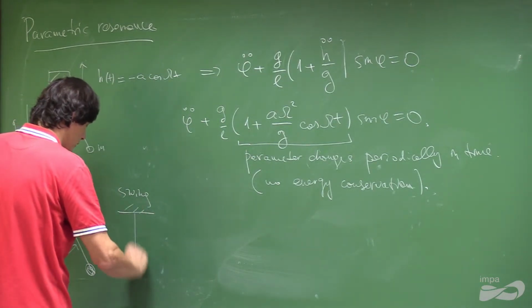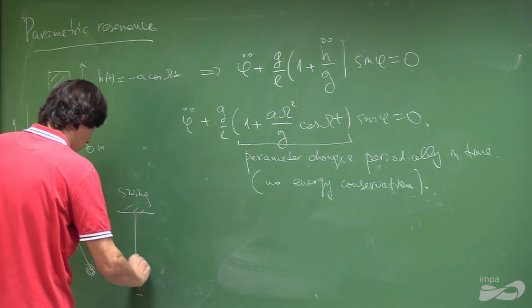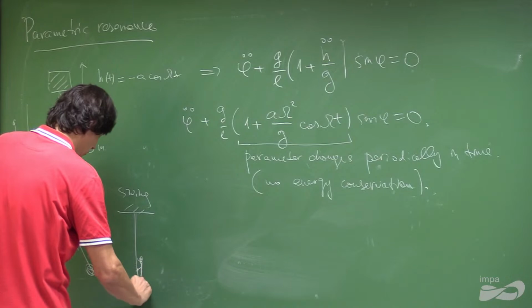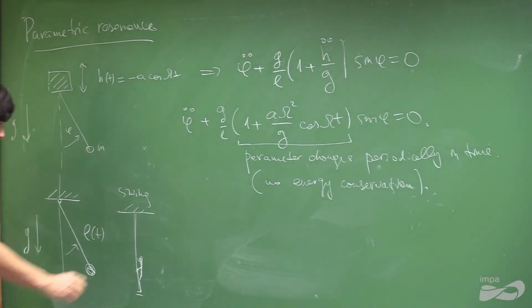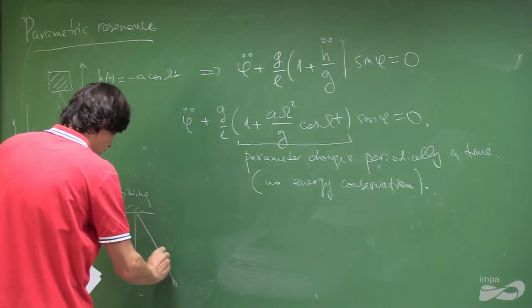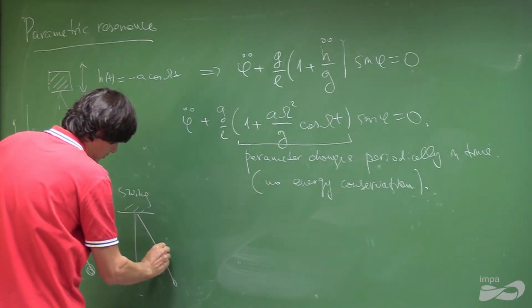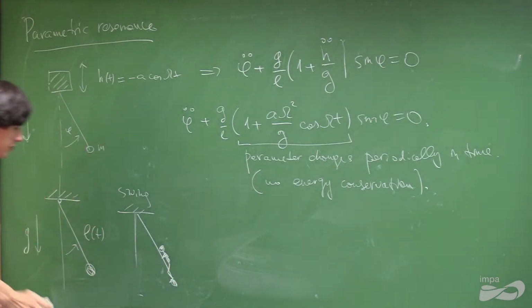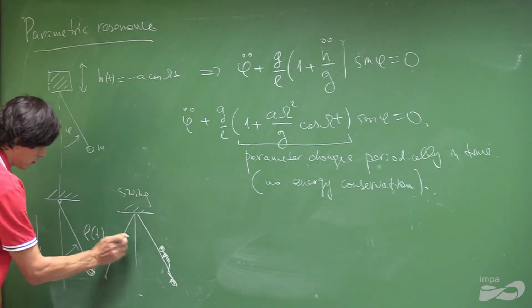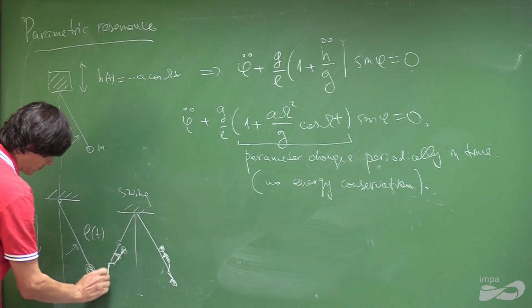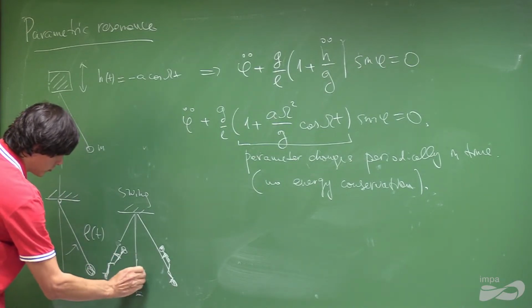It's a very big swing, where you can stand. And the way you use it is that you stand when you're in the upper position, in either of the two, and you sit when you're in a lower position.